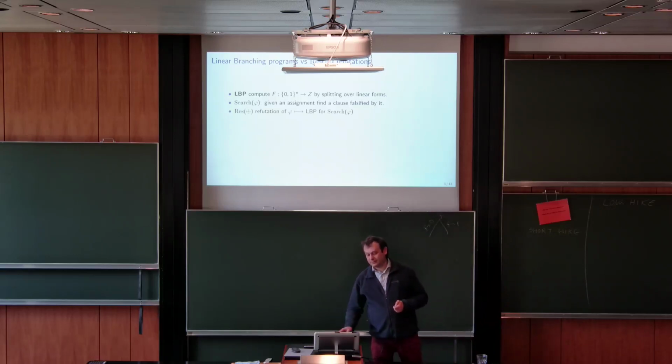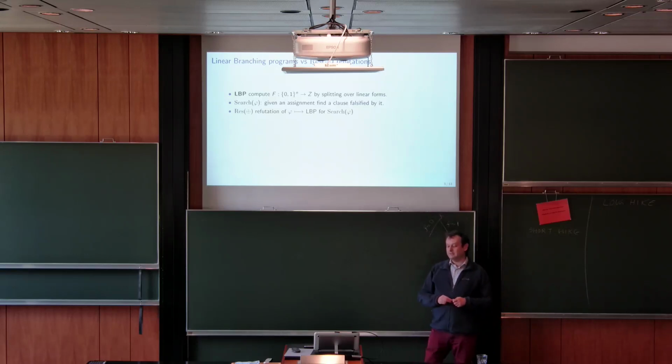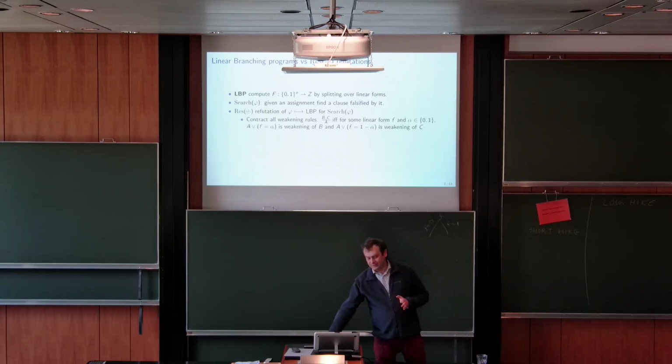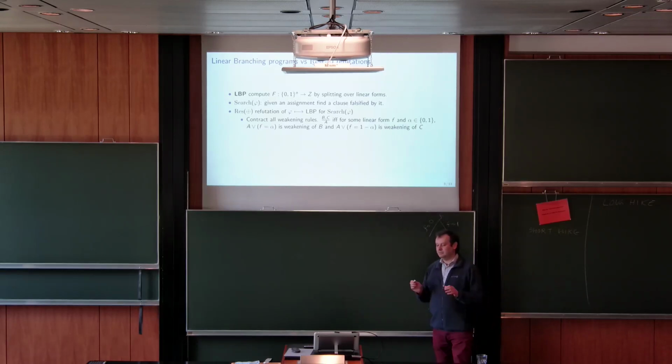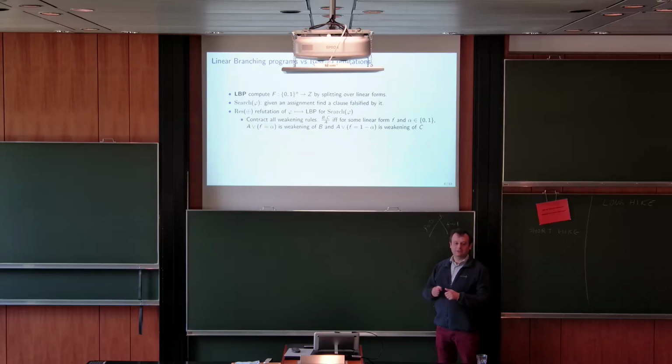It is very standard that every refutation can be considered as a linear branching program. It will be important for us how to do it. First of all, we eliminate all weakening rules, and now we assume that we apply weakening, and then after it we apply the resolution rule.